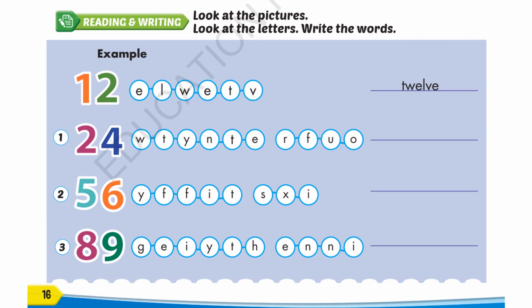The second one is 56. So let's write the words on the right hand side, 56. And number 3 is 89. So let's write that number on the right hand side.